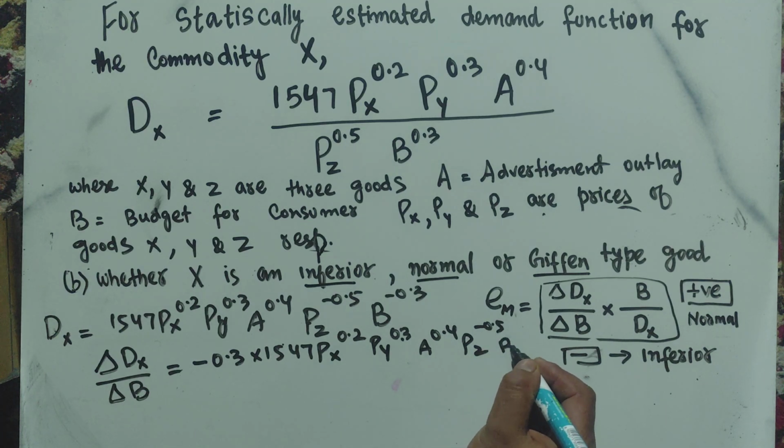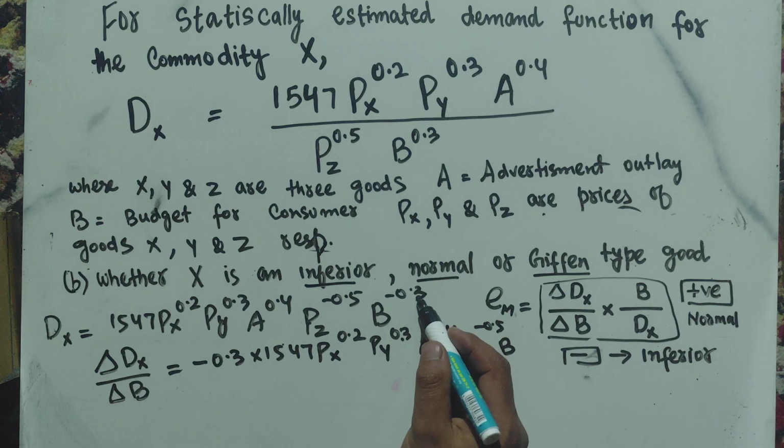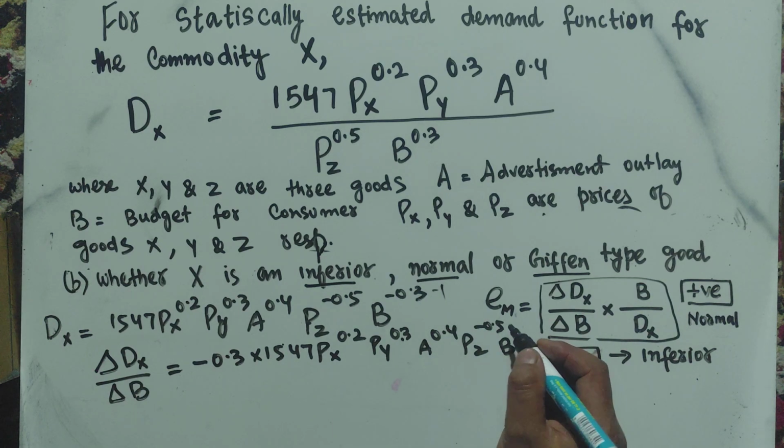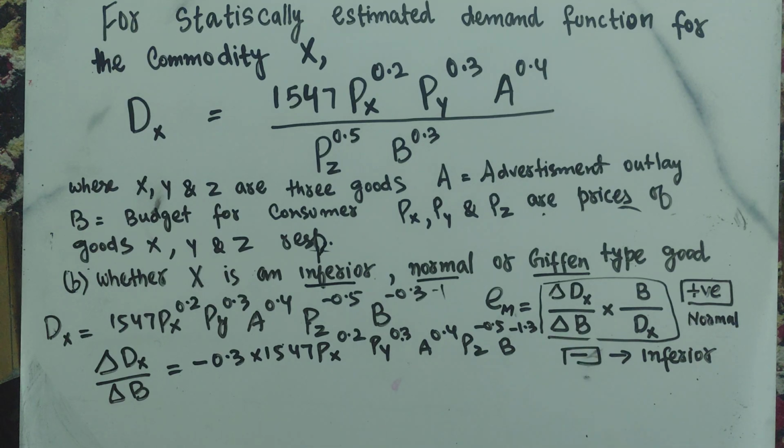Then we have B raised to the power, the negative exponent gets subtracted by 1, we will get negative 1.3. So in this case, you can see, since this derivative came out to be negative, that means the income elasticity of demand will be negative, which means good X is in fact an inferior good.